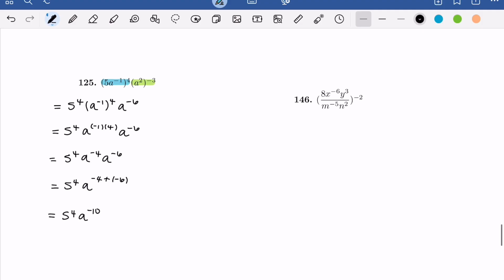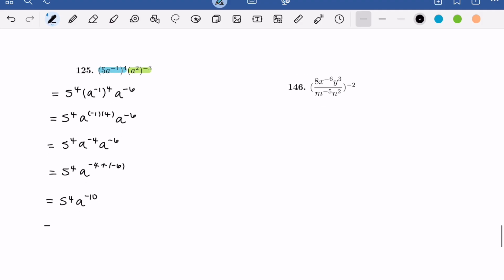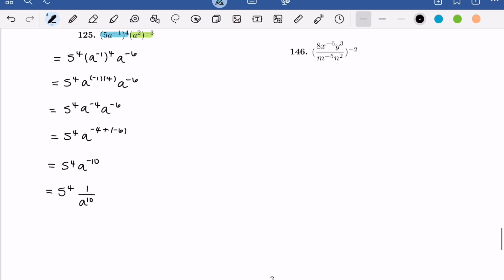Now we're not done yet because remember we need our final answers to be in with positive exponents. So we're going to rewrite this using the same rule that we saw in the first example. We want to rewrite this with positive exponents. This is going to be the same thing as 1 over a raised to the 10th power. And remember this 5 raised to the 4th power is multiplying this whole thing.